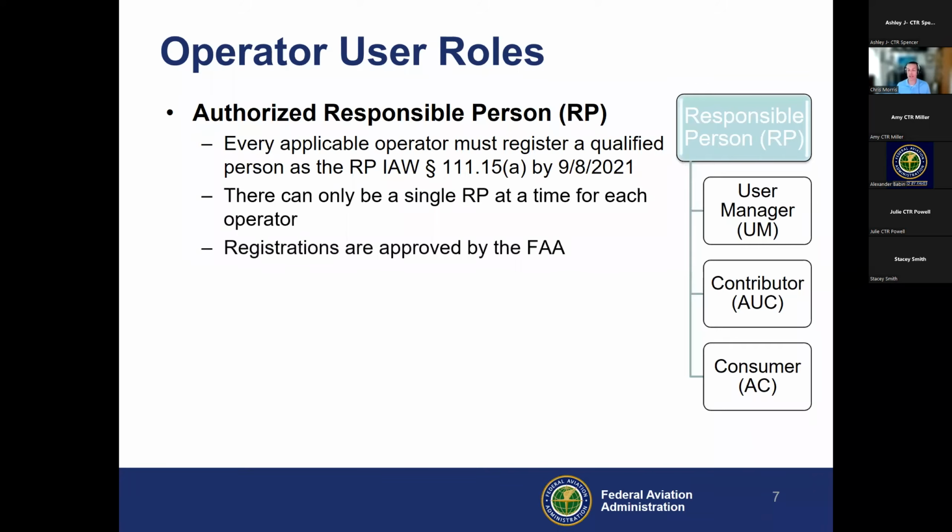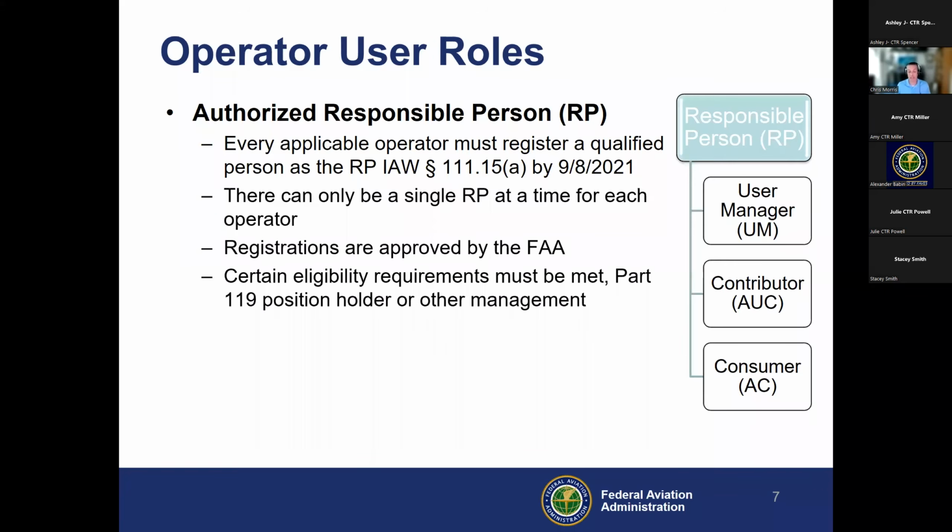Also, registrations for the RP are approved at the FAA level. And there are some eligibility requirements. Not just anyone can be approved as the RP. Generally speaking, although there are a lot of details where it makes a difference, you need to be a Part 119 position holder.